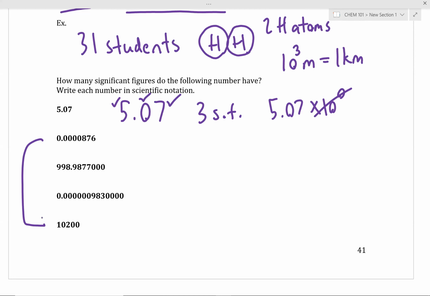Exactly. Any questions? So are they after a non-zero number and after a decimal point? Yep. So they're significant.